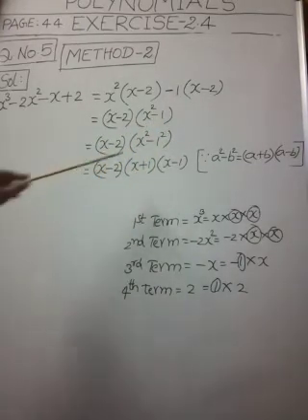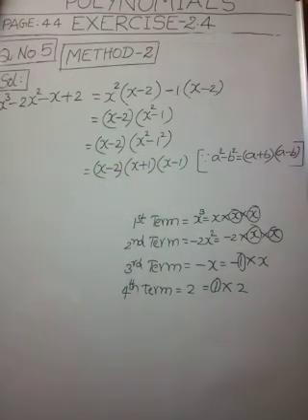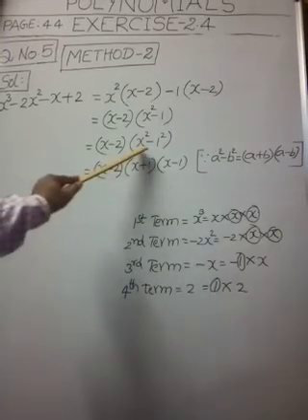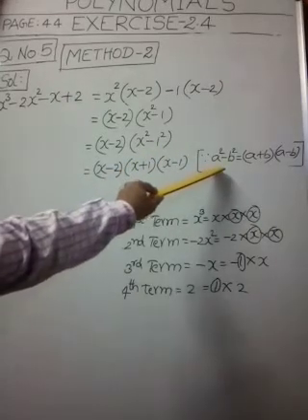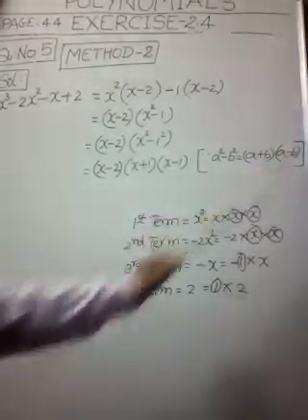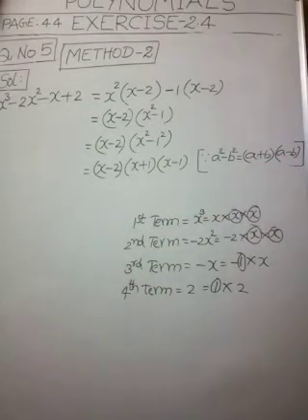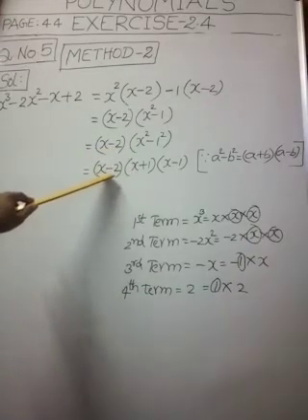Now if you observe this polynomial, it is in the form of a square minus b square. Algebraic identities we have learnt in 8th class. It is in the form of a square minus b square. I wrote here that algebraic identity a square minus b square is equal to a plus b into a minus b. We use that previous knowledge. Understood, my dear children? So we write this factor as it is, x minus 2.